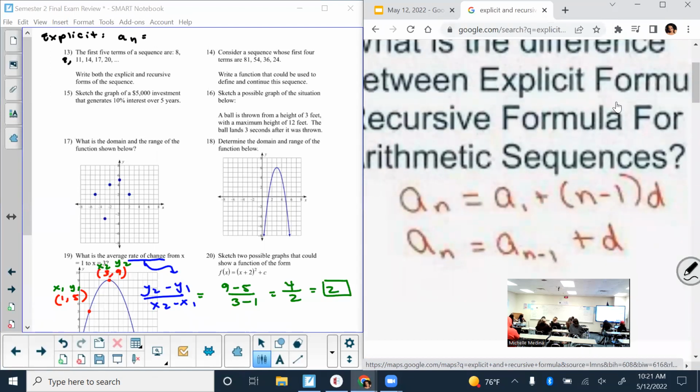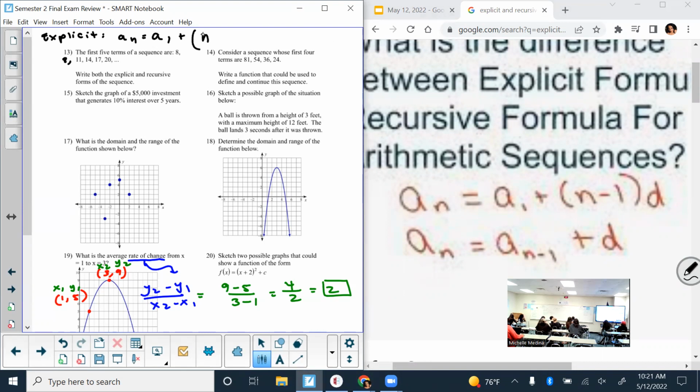All right, so your explicit will be the one that's on the top. So I'll copy it over here. A sub n equals a sub 1 plus parentheses n minus 1 times d. And then recursive, I'll fit it somewhere down here, is a sub n equals a sub n minus 1 plus d.